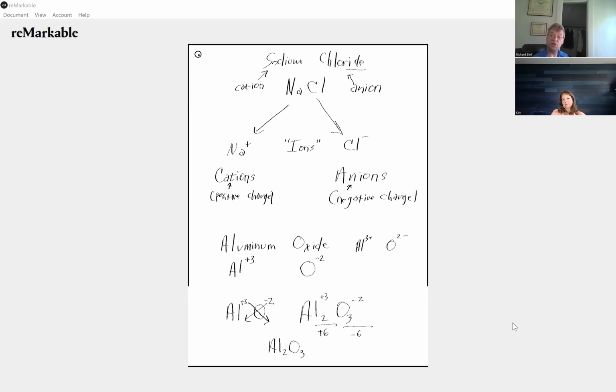They grow as cubes. And that's because the ions, sodium and chlorine, will arrange themselves in a cubic fashion. You'll have a sodium next to a chlorine, which is next to a sodium, which is next to a chlorine, and so on.